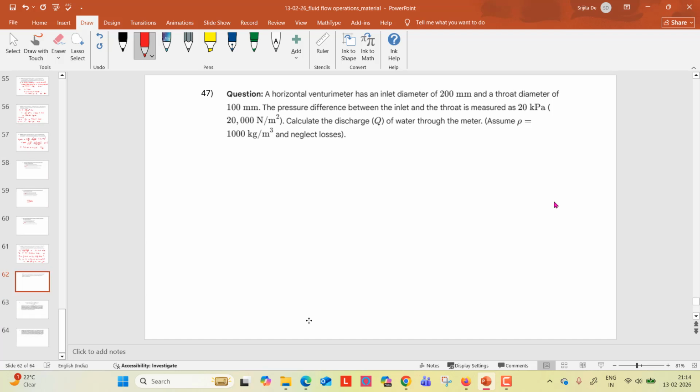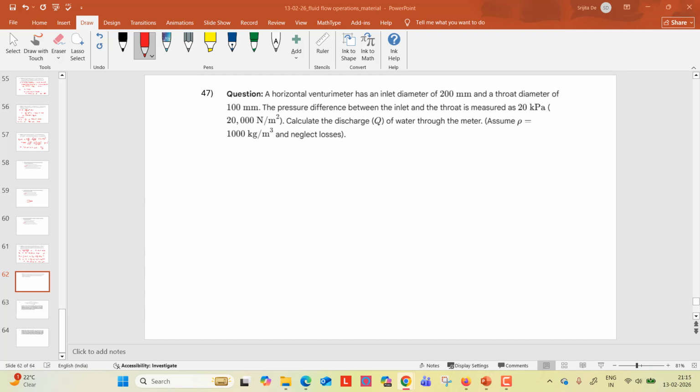Last question is again about this Venturi meter. A horizontal Venturi meter has an inlet diameter of this and a throat diameter of this. The pressure difference between the inlet and throat is measured at 20 kPa.